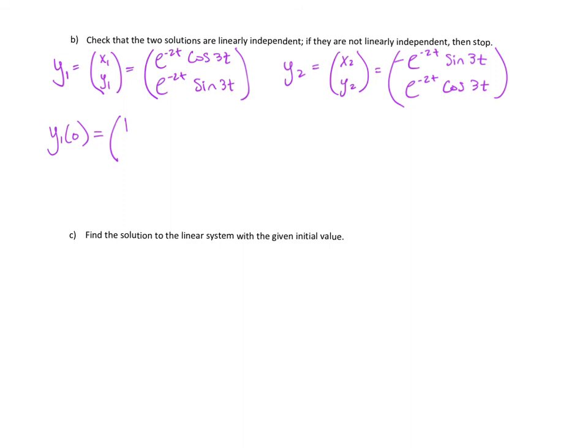And then this is a 1, and this would be a 0, so 1 times 0 is 0. And then y2 of 0 would be negative 1 times 0, which is 0, and 1 times 1, which is 1. So 1, 0, and 0, 1 are linearly independent. It's easy to determine when you have just two vectors. One is not a multiple of the other, which means they are linearly independent.